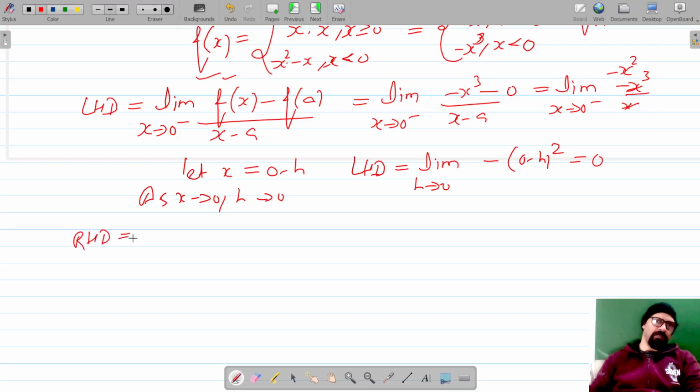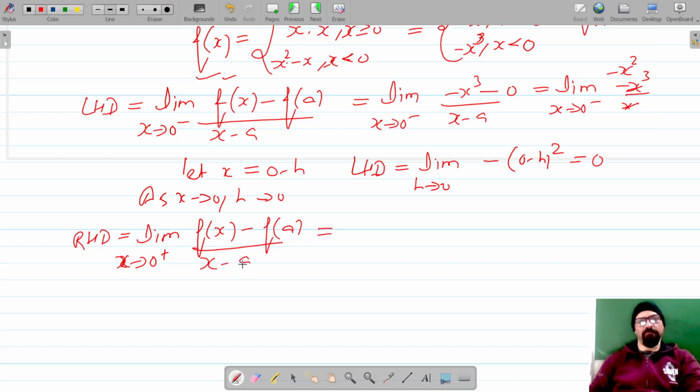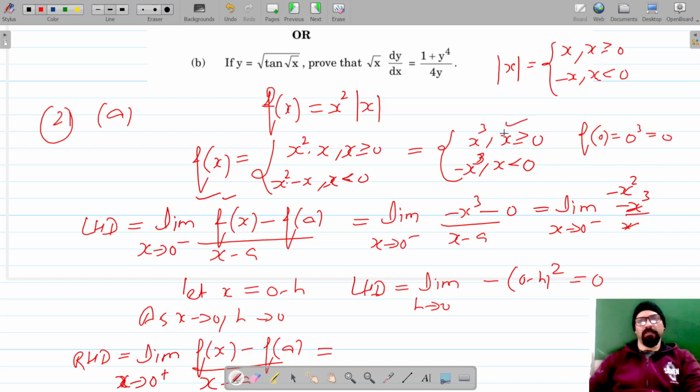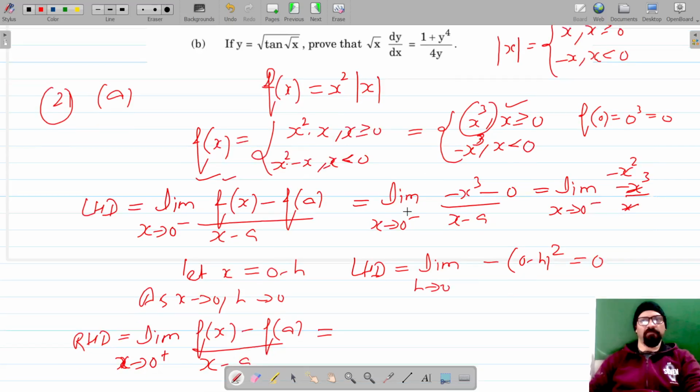So right hand derivative is equal to limit x tends to 0 plus, and the formula is the same, f of x minus f of a upon x minus a, but in this f of x would be the value of the function for x greater than 0, which is x cube.